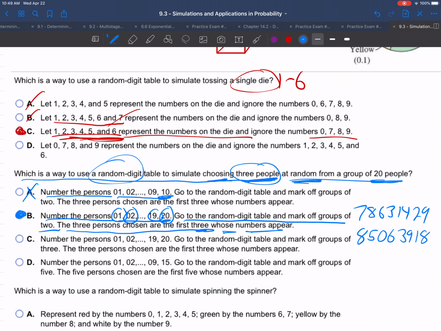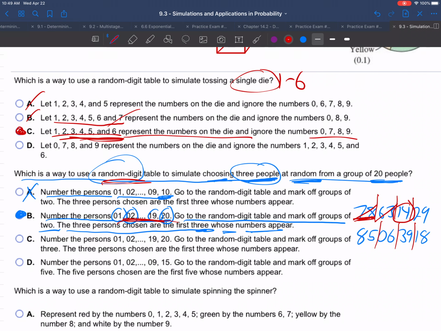So let me give you an example. So suppose you just have a bunch of random digits. That's all a random digit table is, a bunch of random digits. You would mark them off in groups of 2s, like this. Then you're looking for the numbers 01 through 20. So you look at the first set, 78. No, that's not even in our zone. That's not a number 1 to 20. 63, no. 14, there we go.